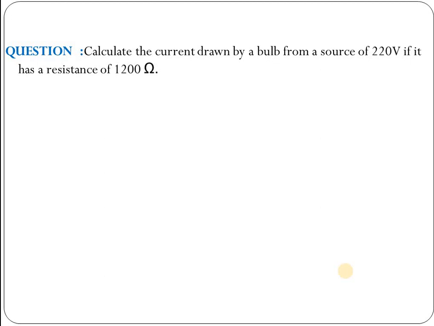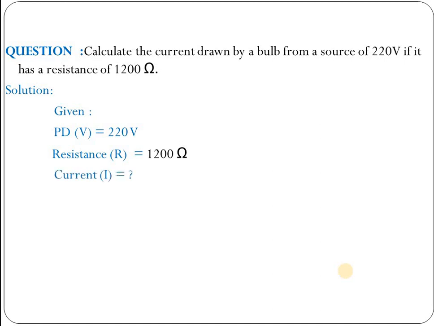We've already discussed in our earlier sessions that to solve such questions, you should first find out the given physical quantities. According to this question, we have the potential difference 220 V, resistance 1200 ohm, and current is the quantity which we have to find out. We will use the formula of Ohm's law, V is equal to IR.